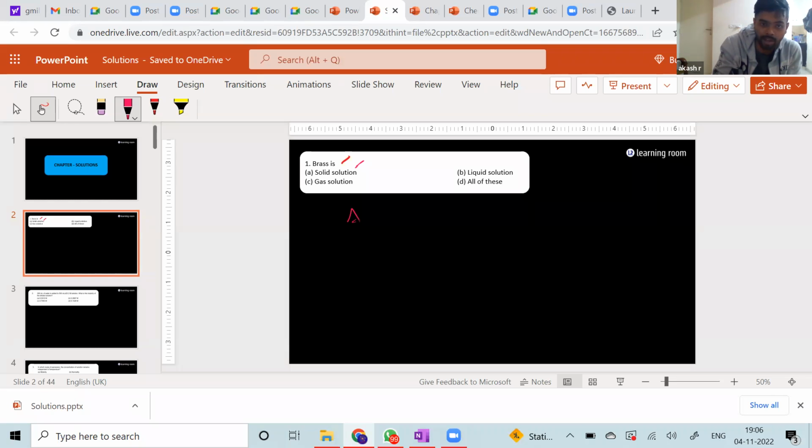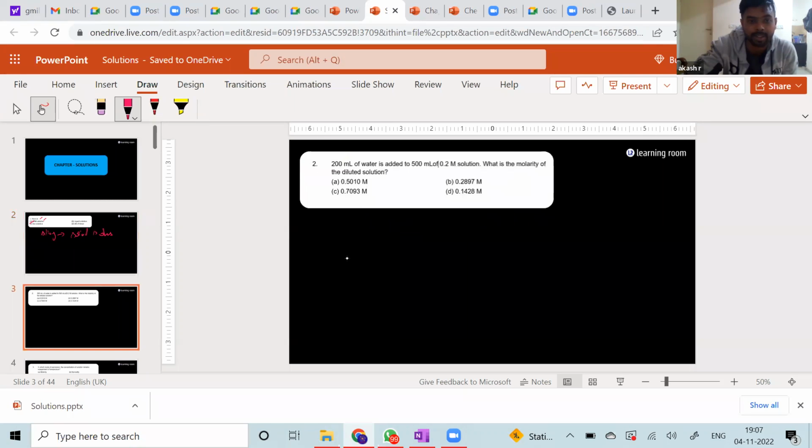Now brass is an alloy, right? And all alloys are examples for what? Solid solution. Yes, absolutely. All alloys are examples for solid solutions. So the answer would be A.